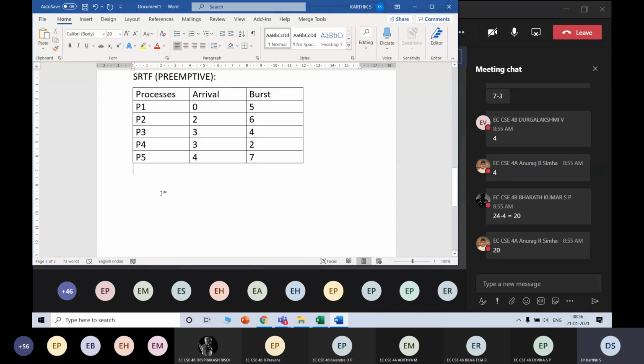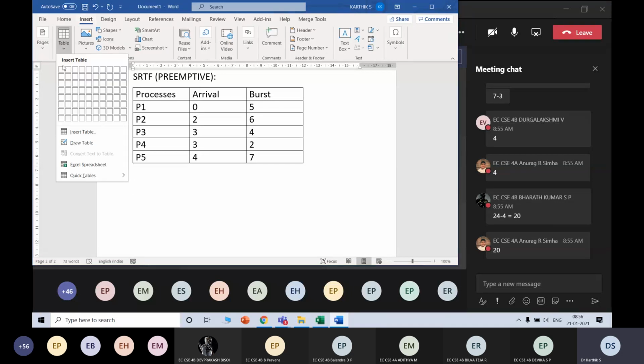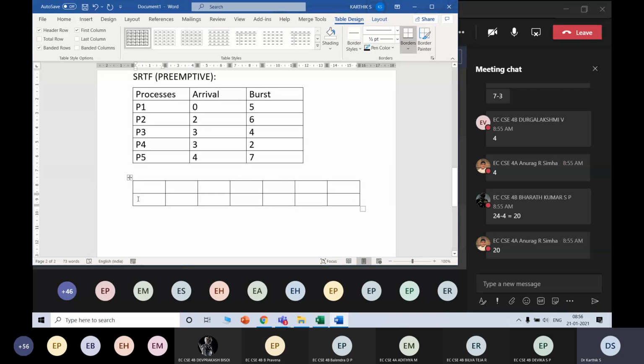So in case of preemptive SRTF, we start with time 0. There is only one process, so there is no computation, so it will start with P1 itself. It will execute between 0 to 2 milliseconds. When it reaches 2 milliseconds, there is one more process joining.